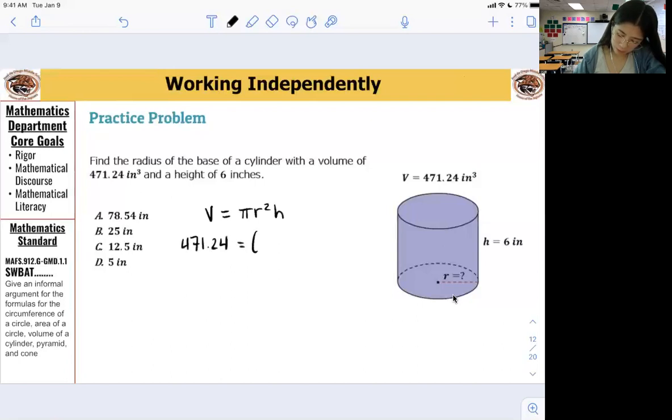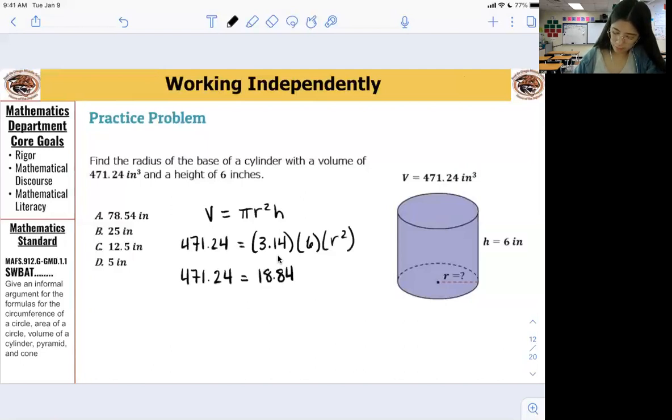I'm going to use 3.14 for pi. I know that the height is 6. And then I have r squared. Then I need to multiply these two. So it's 3.14 times 6. Get 18.84.